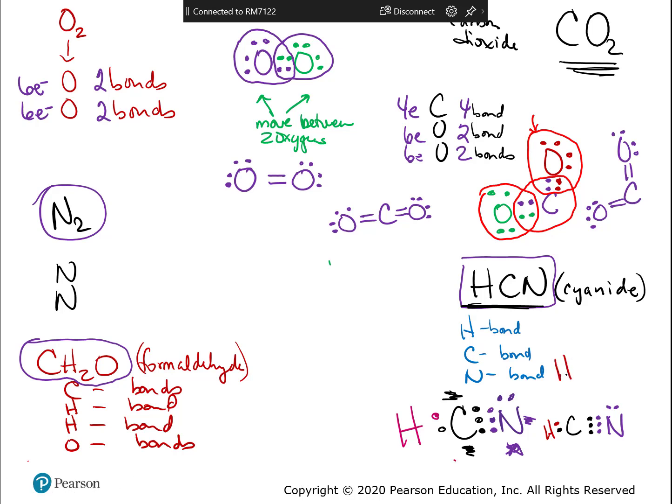I'd have H dash C, then three dashes with an N. It doesn't matter where those non-bonding electrons of nitrogen go; you could put them above the nitrogen, to the right of the nitrogen, or below the nitrogen, as long as they're connected to the nitrogen. It's hydrogen cyanide.